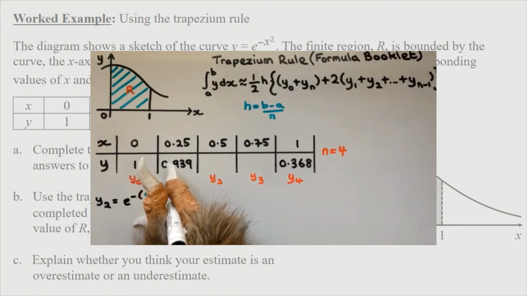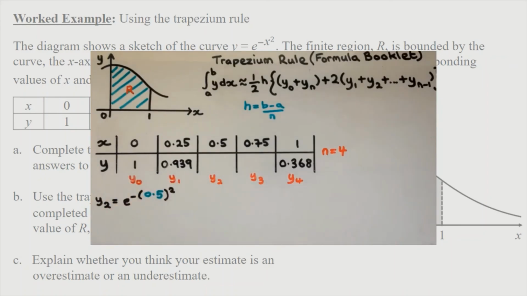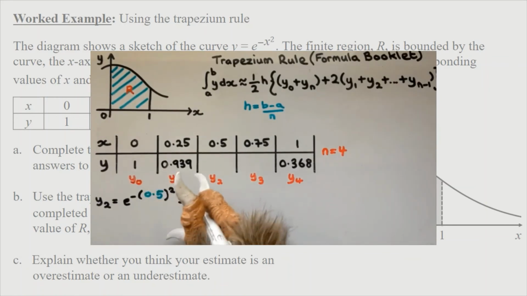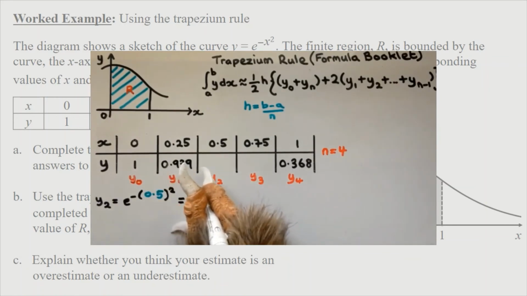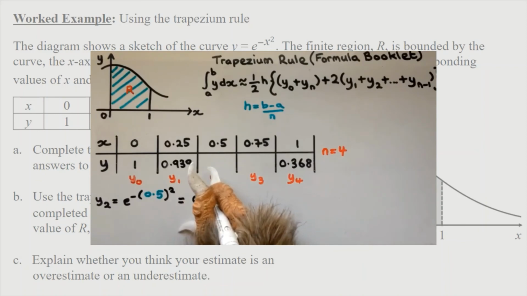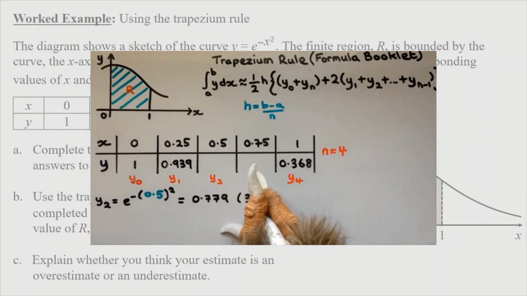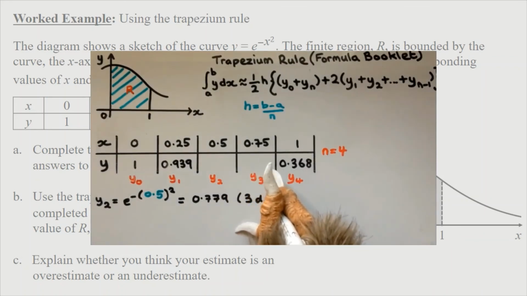And remember, of course, the negative's on the outside, so be careful with that. And this is going to equal, if you plug it into your calculator, 0.779. That's to 3 decimal places, which we're going to use for now.